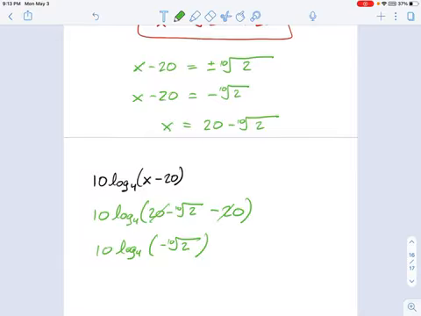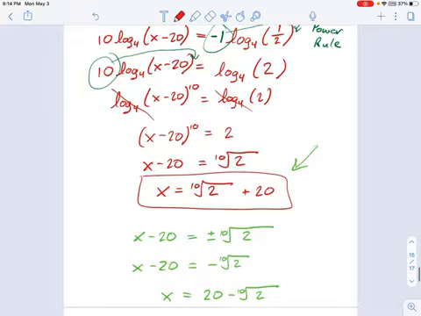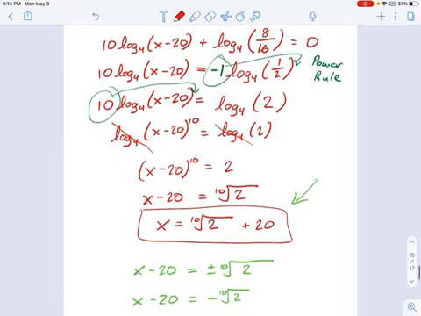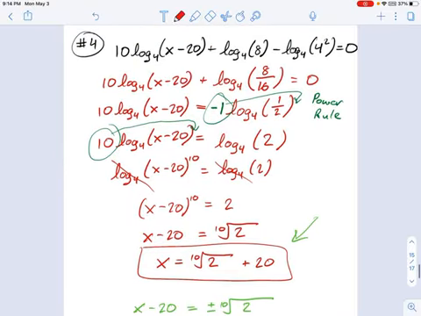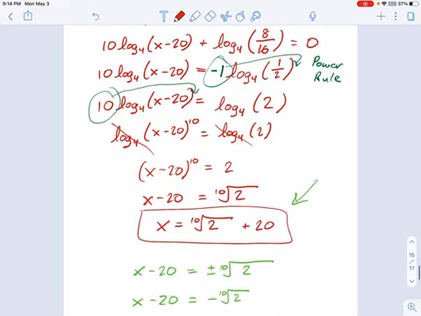You are not allowed to have negative numbers inside the argument of a logarithm. This is big, big bad right here. So this particular solution does not exist. That is why, when you write these solutions, even though you're taking a square root or a 10th root, which is a plus or minus, you have to be mindful of the fact that not every solution you find is going to work in your original equation. So in this case, we really just have that one boxed in red.